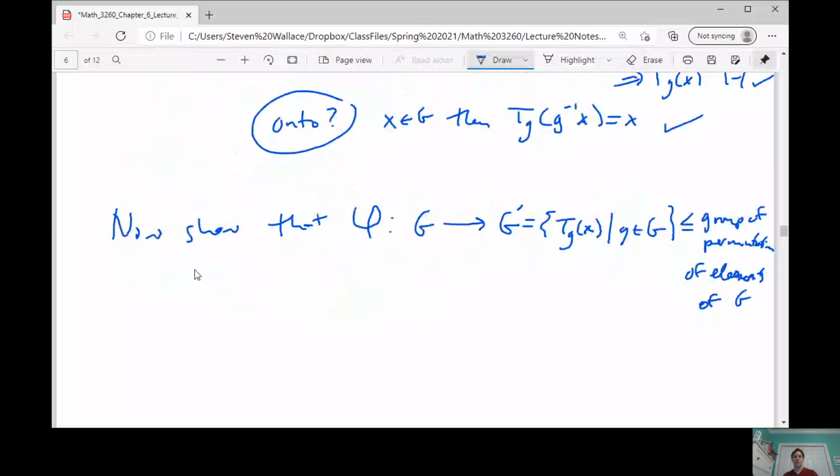So notice, we're going to take two of these symbols here, and we're going to define it to be this, which is the same as composition, right?